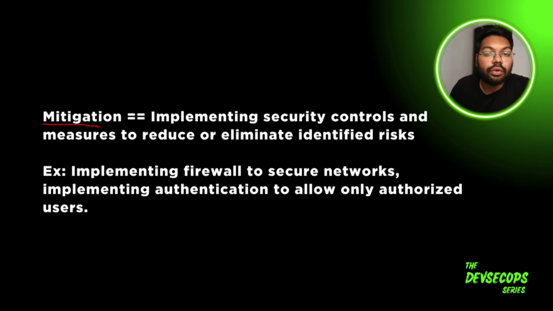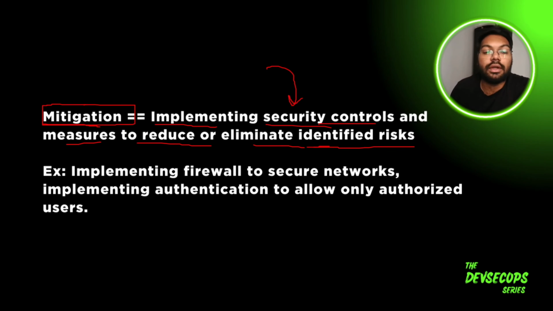Let's go with the formal definition. It says: implementing security controls and measures to reduce or eliminate identified risk. That is what risk mitigation or vulnerability mitigation is, if you have heard that term. So correcting your stuff, whether it is the code, the architecture of your software, network security, or anything else.